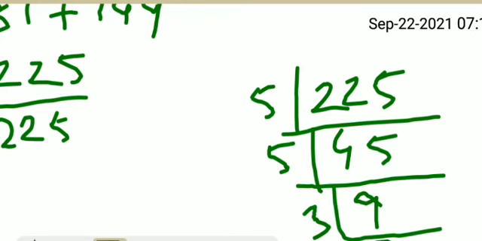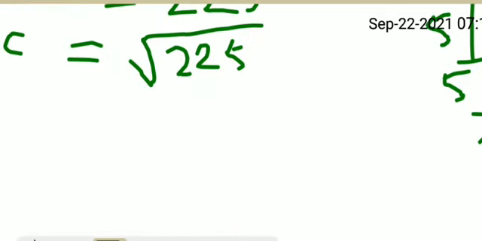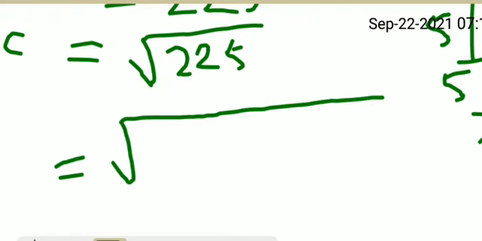So that means AC will be the square root of 5 into 5 into 3 into 3.